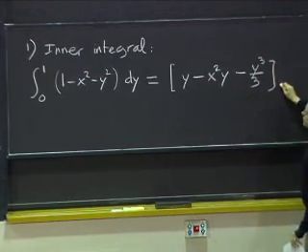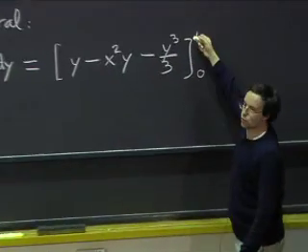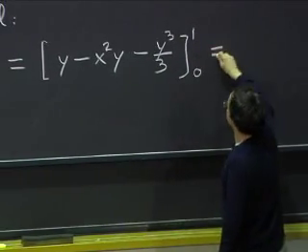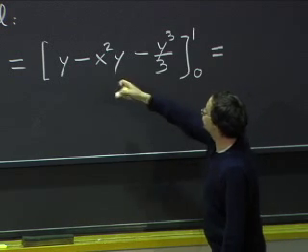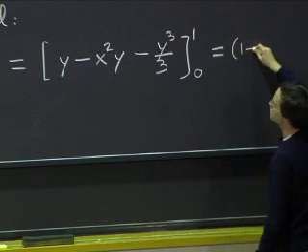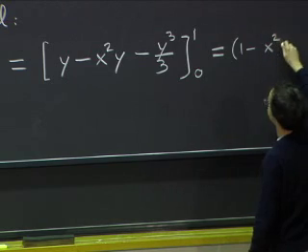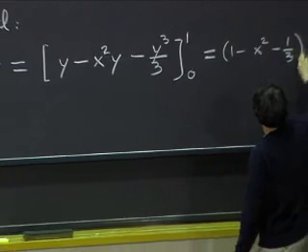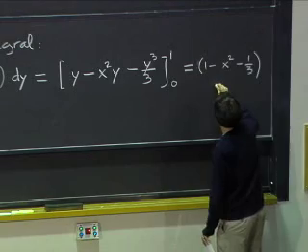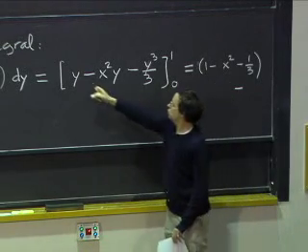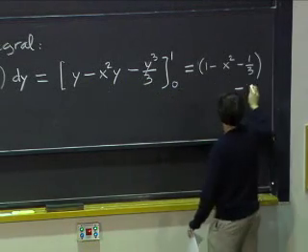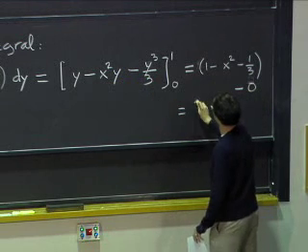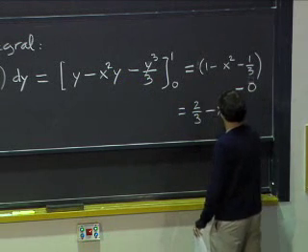And then we plug in the bounds, which are 0 and 1. When you plug in y equals 1, you get 1 minus x squared minus 1/3, minus, for y equals 0, you get 0. So nothing changes. You're left with 2/3 minus x squared.